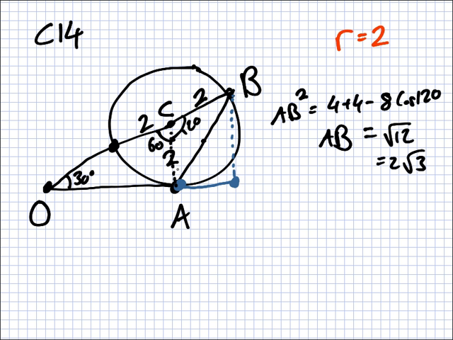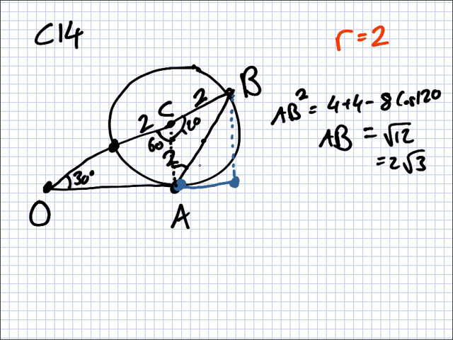Could we know this angle? I'm just trying to think what is the easiest way to get one of the angles on this triangle. I don't want to use the sine rule.